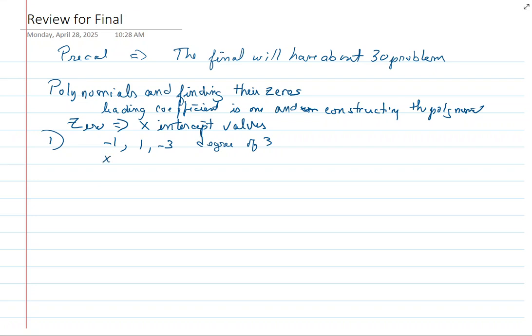That means x is -1, x is 1, and x is -3. So to find the factors, it would be x plus 1 equals 0, x minus 1 equals 0, and x plus 3 equals 0, by adding the opposite sign to each one.